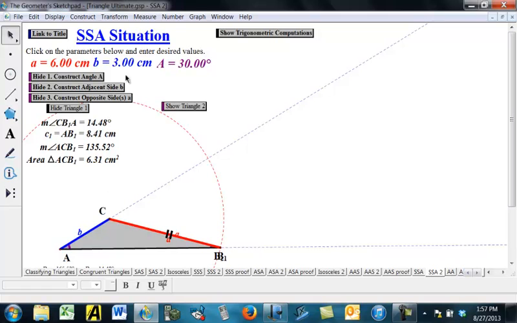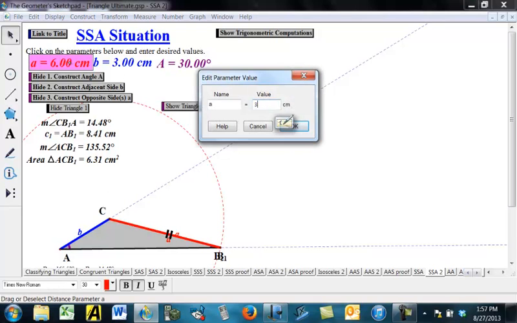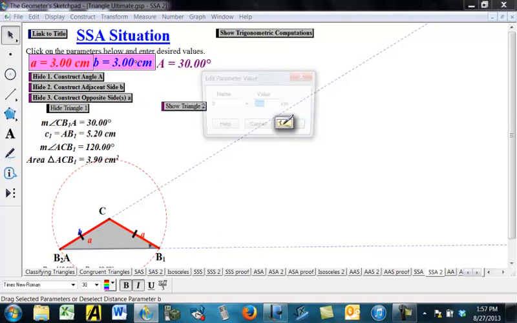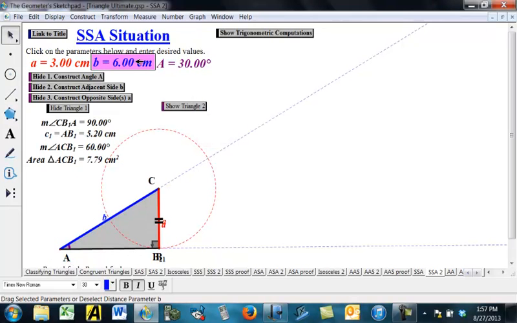Okay, so now let's switch this. 3 and 6. This is a case where this side is just right in the sense to have 1. If it was any shorter, there wouldn't be a solution, and if it was just a little bit longer, there would be 2 solutions.